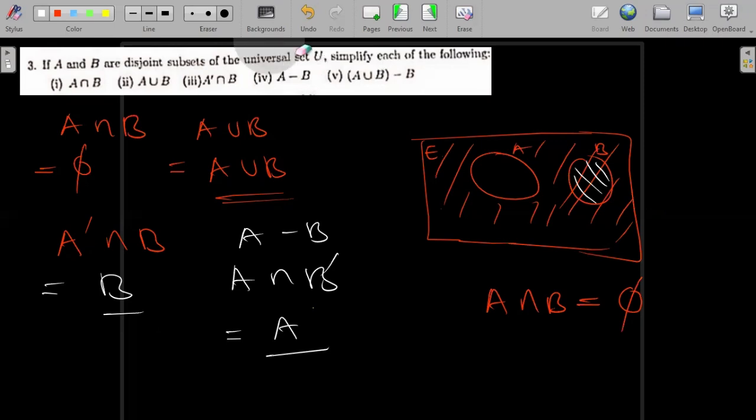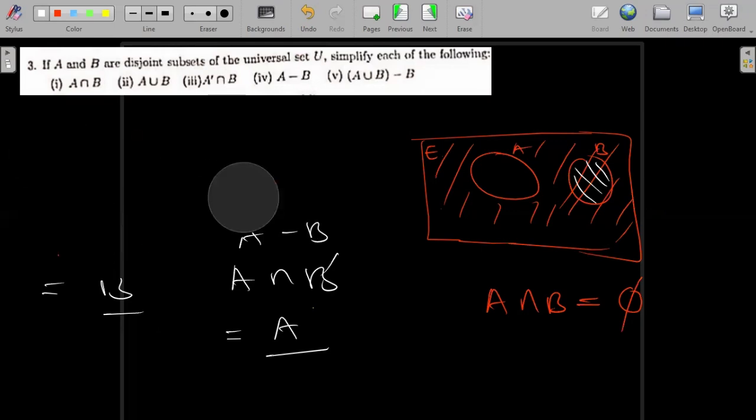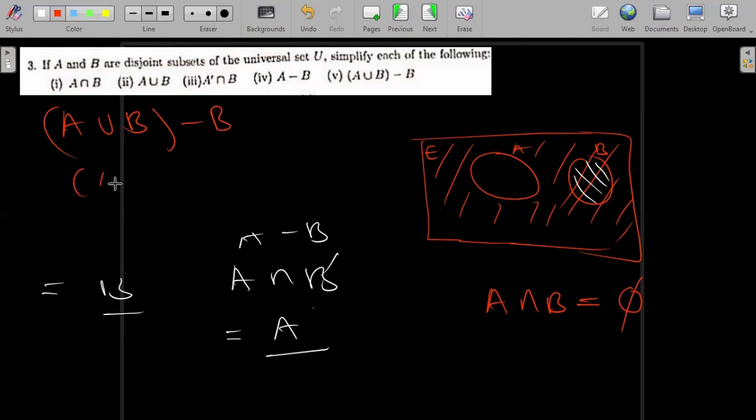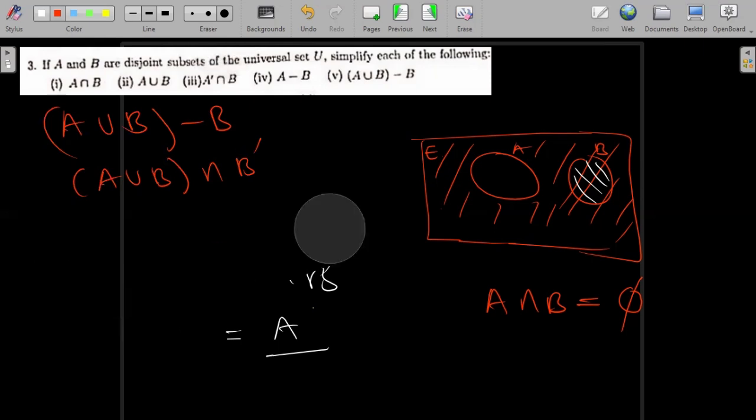Then the last part here, which is V, you have A union B, then minus B. And of course, this is the same as A union B intersect B complement. So what is that going to lead to? Let me write it like this so that it's easier for us to see.